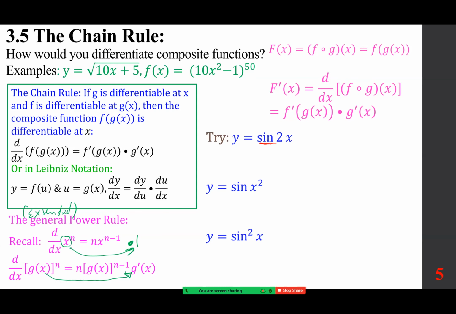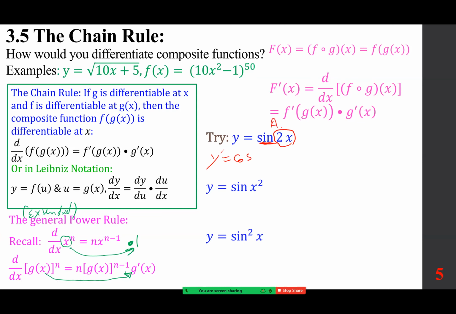For a case like the first one, the way you do it, you just read sine and you pause. So y prime is cosine. The derivative of sine is cosine. But you have to write the argument.